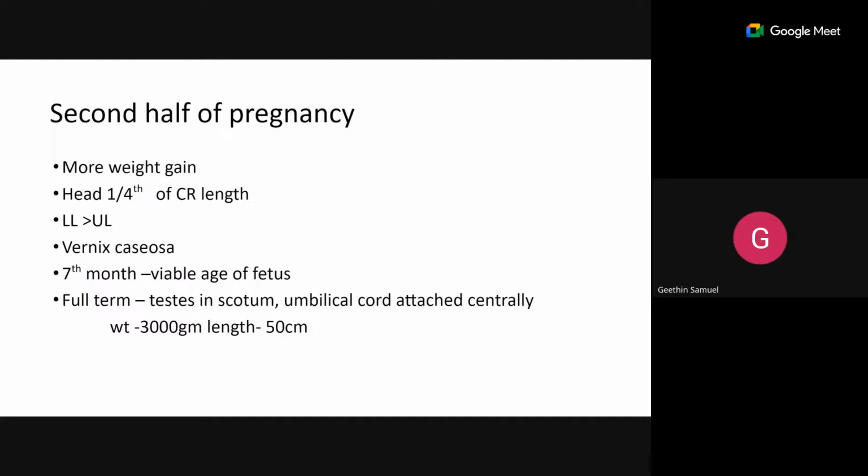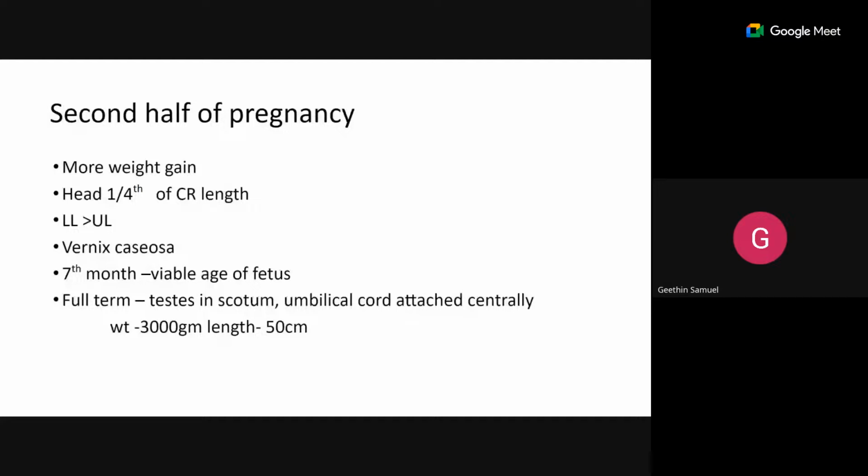In full term, in a male fetus, the umbilical cord is attached at the center of the abdomen, because I have said that there is a delay in the development of the lower part of the anterior abdominal wall.